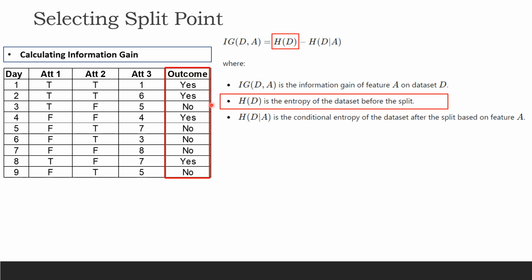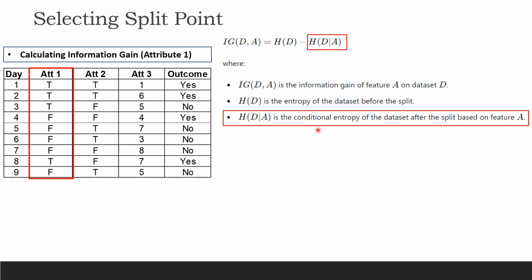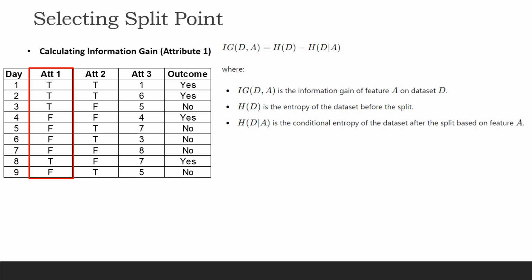So before the split, we are using outcome as the starting point. The entropy of this is calculated, and then the conditional entropy of the dataset after the split based on attribute 1 is calculated. So this is what we are doing. And in the previous slide, we saw we had these three entropies, wherein this was, so let's see.